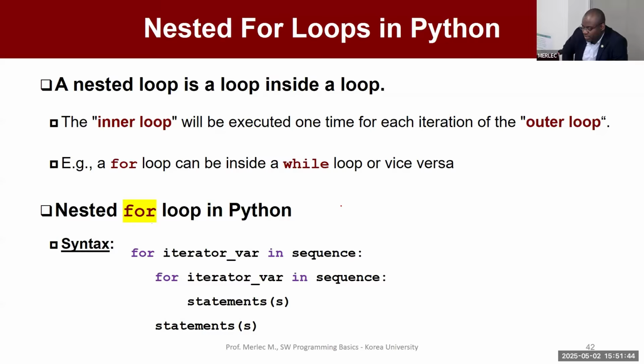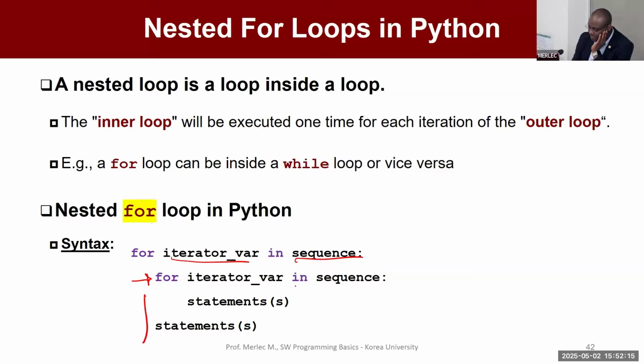And then a nested for loop can be implemented as shown on the screen. This is the syntax. You have the outside loop, okay, which is defined with the related iterator variable and the condition or the domain in which that variable has to take the values. Then the inner loop should be inside the for, indented like this.